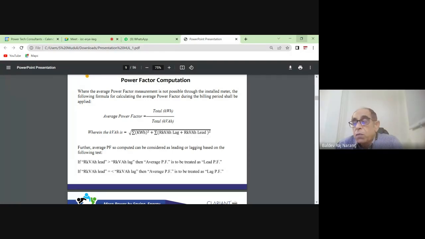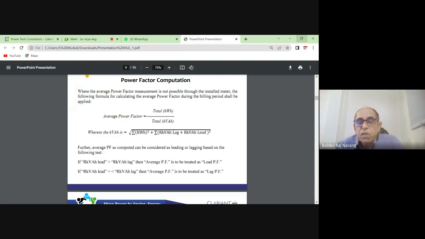You are right. Most of the utilities still continue to overlook leading reactive power. Maharashtra is one of the first states which has elaborate regulations. They came out with this arrangement, and when they started monitoring leading reactive power, they changed all the meters.